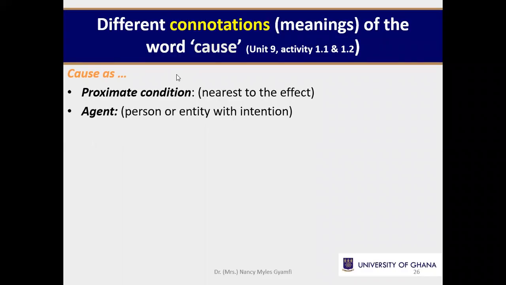What is agent as cause or agental cause? That one could mean the person or entity, often with an intentionality, able to have an intention. Who is the agent behind the effect? So when I say cause, I could mean agent. You know, some of us will be thinking in the system.